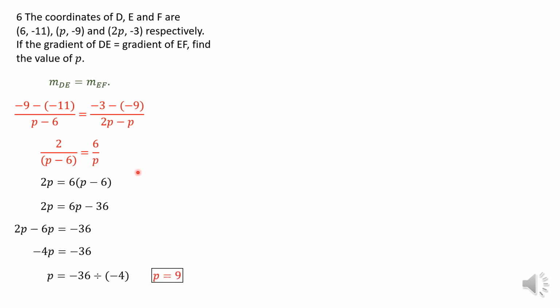Negative 3 plus 9 gives you 6 here. Of course, a negative gives you a positive. And 2P minus P is just going to be P. If you cross multiply, you eventually end up with that. Multiply over the 6. And then you have got to collect the like terms and then find the value of P. And you realize that P is equal to 9.